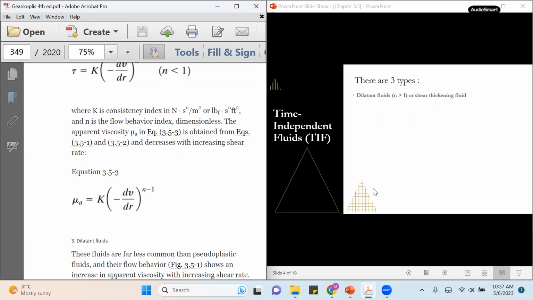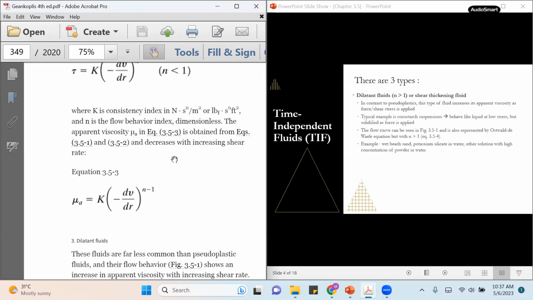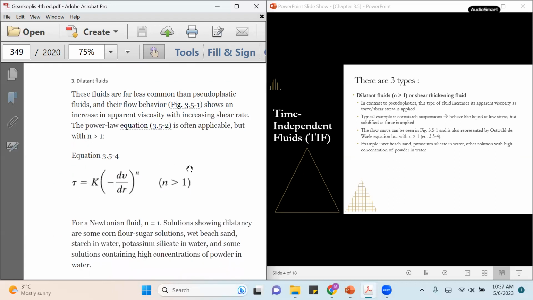Now we have another one we call dilatant fluids, or shear thickening fluid. It has n higher than 1. For shear thinning fluid, the n, or the flow behavior index, is less than 1.